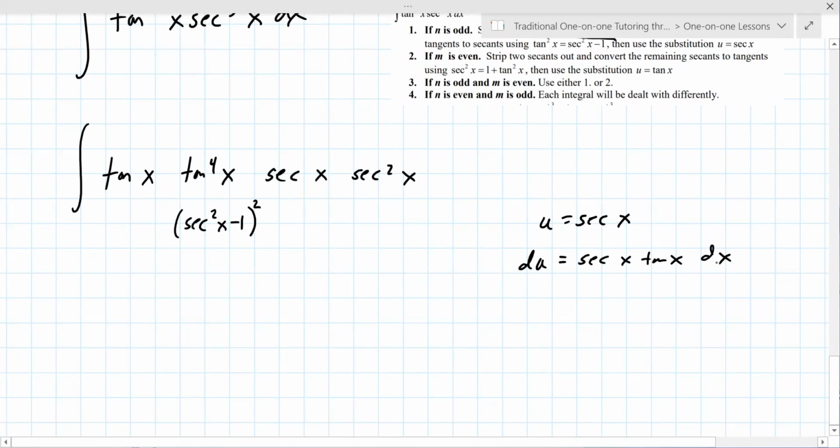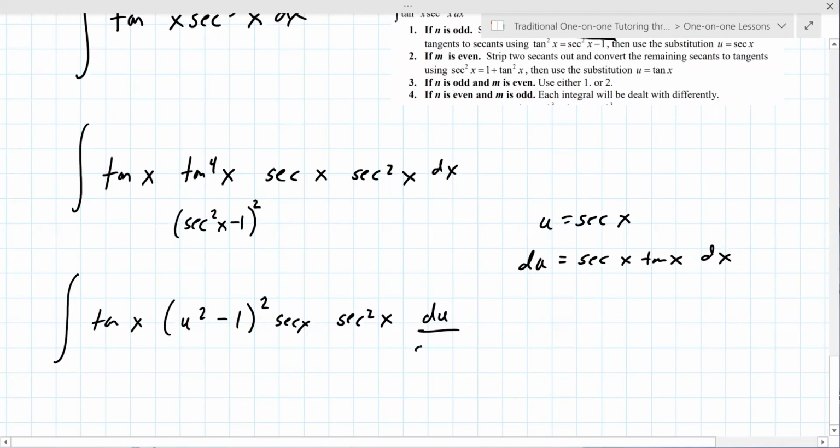Okay, so how does that help here? Well, this is u squared minus 1, squared, and then secant squared x, which we can deal with. Our dx is du over secant x tangent x.